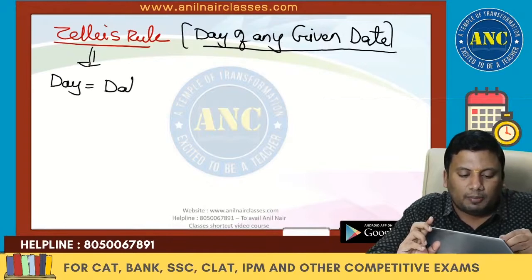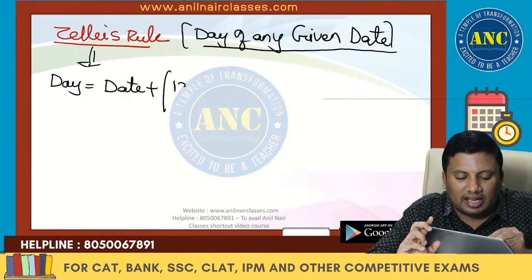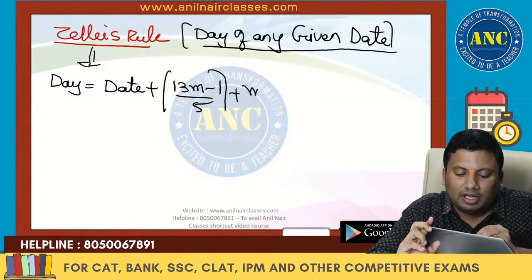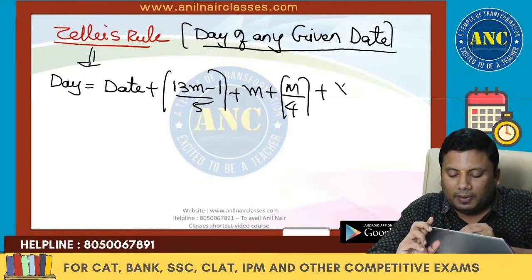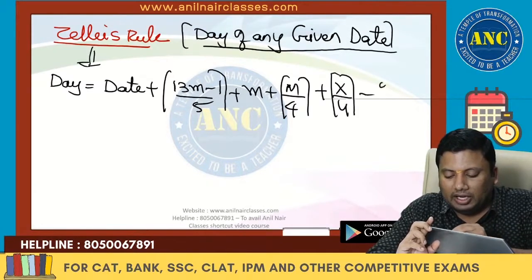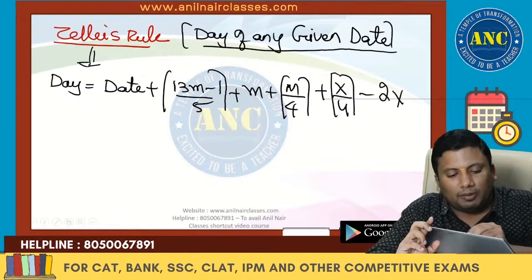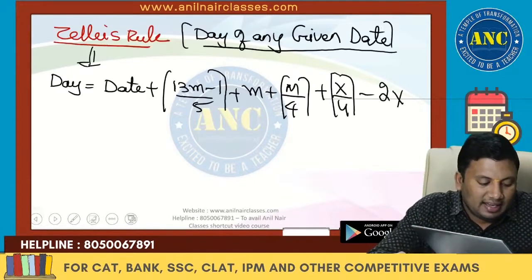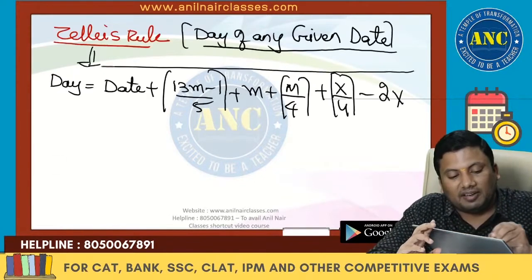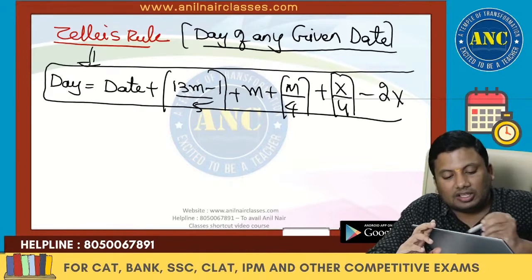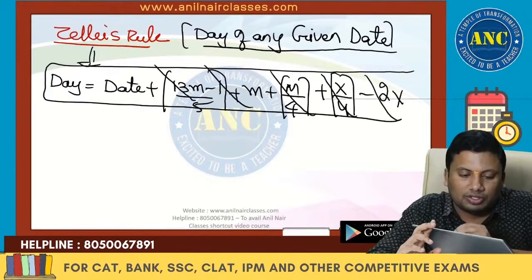Day is nothing but date plus, which I'll explain, 13m minus 1 by 4, m plus m by 4 plus x by 4 minus 2 into x. This is the formula for which he got a prize in mathematics. I will explain at the end of the concept how to use it without using a formula.